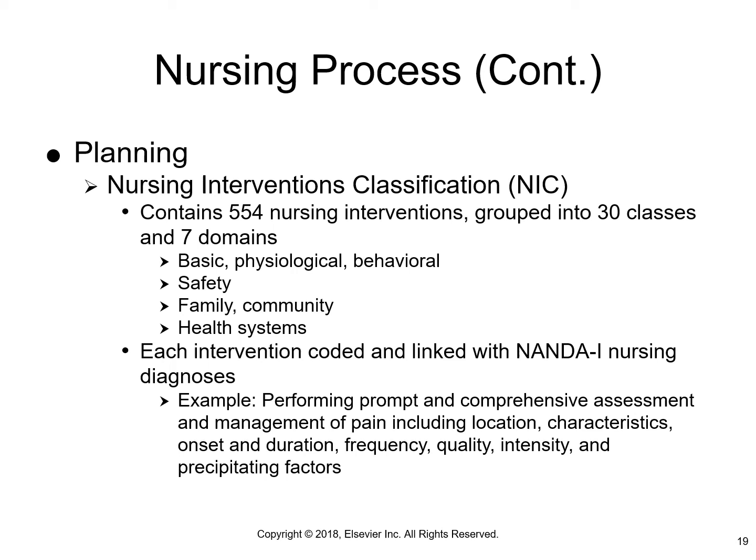An example: performing prompt and comprehensive assessment and management of pain, including location, characteristics, onset and duration, frequency, quality, intensity, and precipitating factors. So interventions need to be related to the nursing diagnosis as well as supporting meeting the patient outcomes.